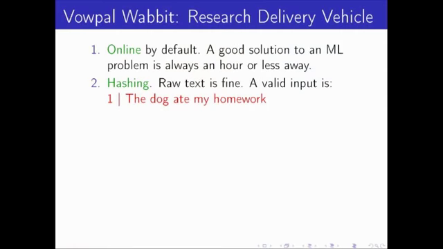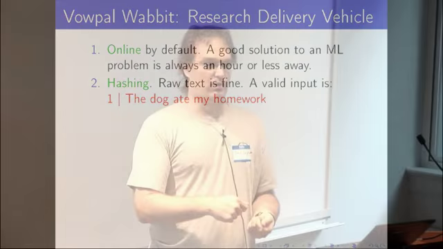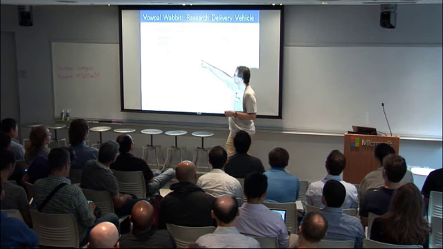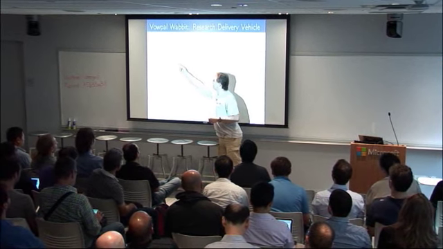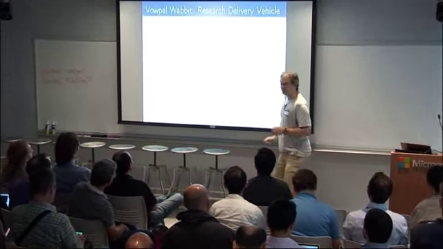Another thing is hashing. VW is designed to take as input much more raw information than is typical of many open source packages. So you can input raw text, right? So this is a valid input example. It says that you should have the label 1 with these features.